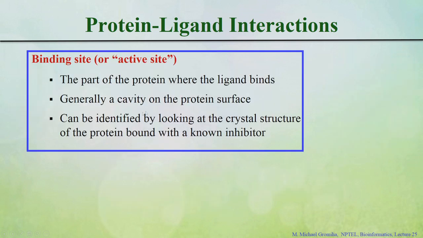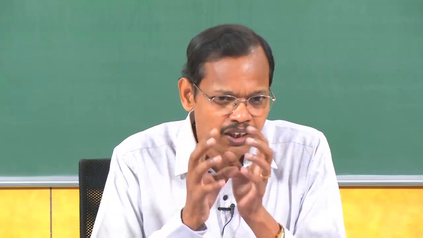We can call this the binding site, and generally this kind of cavity is on a protein surface, because the interior part is highly packed and mainly imparts stability to the protein. In this case you can see the typical type of cavity on the protein surface. Then how do we identify these active sites?